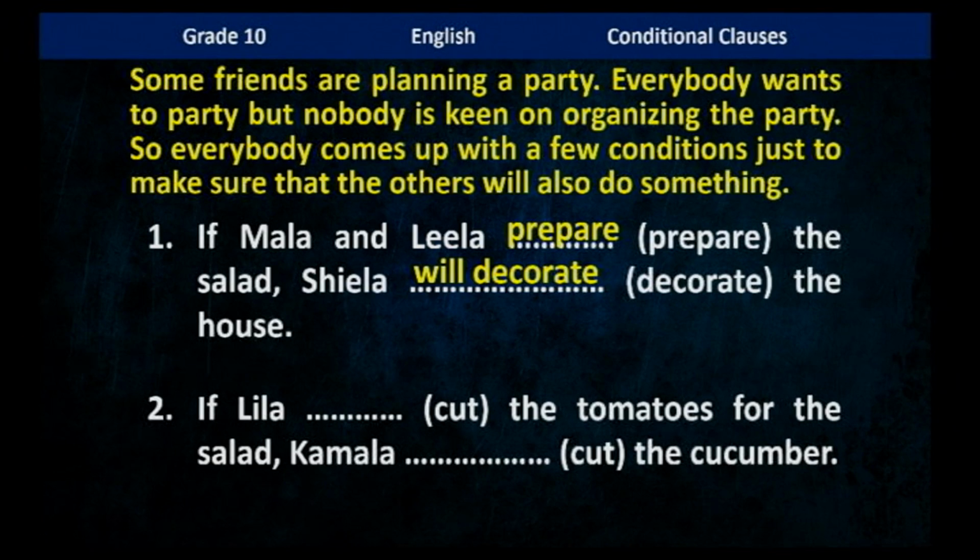The second one. If Leela cut the tomatoes for the salad, Kamala blank cut the cucumber. Again, two friends. If Leela cuts the tomatoes for the salad, Kamala will cut the cucumber. Now see, the same verb cut is used.